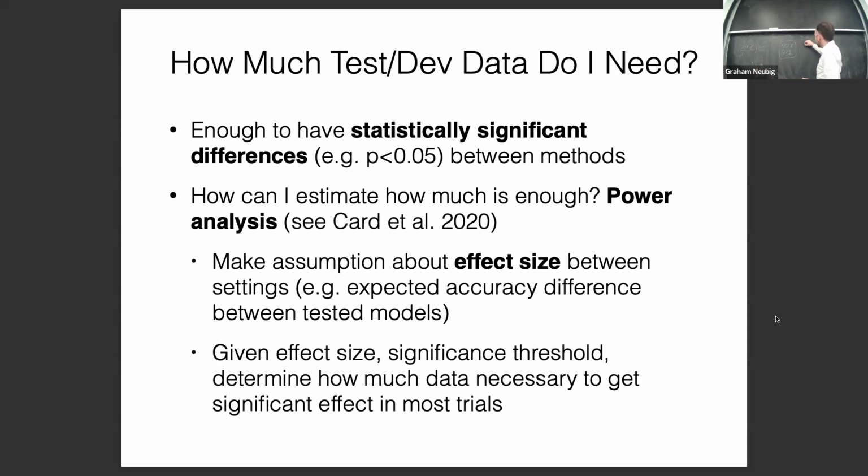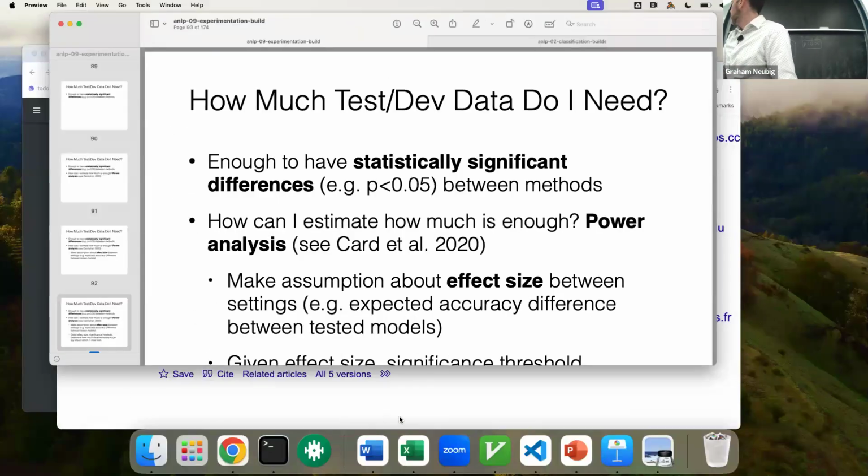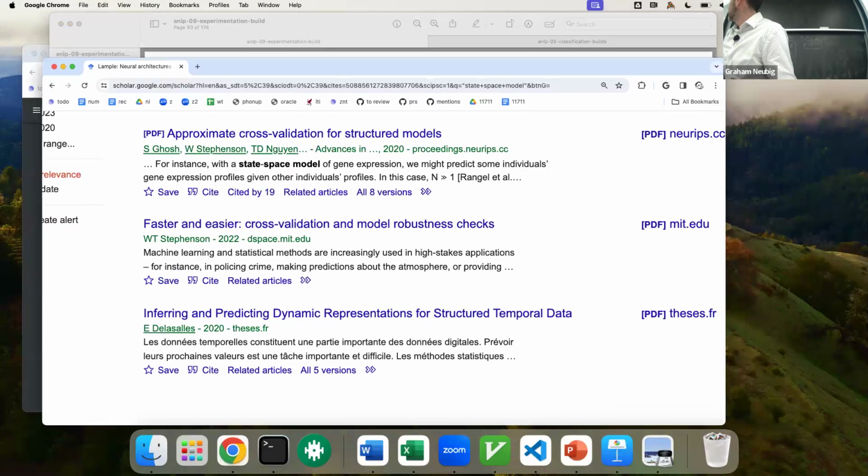And we want a significance threshold of p less than 0.05. Given these two quantities, you can basically go in and say, okay, now we need 500 test examples in order to say with confidence that we will be able to distinguish between two models with 90 and 93% accuracy. And I can show the algorithm that they have in this paper.